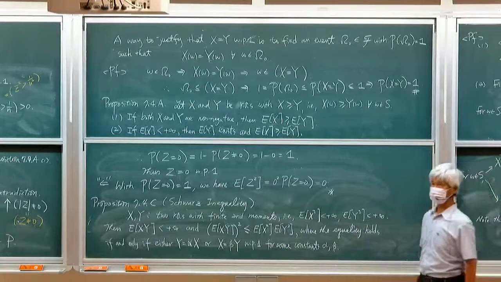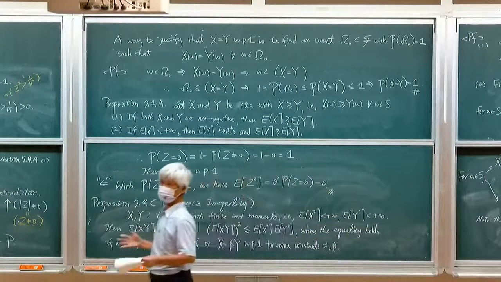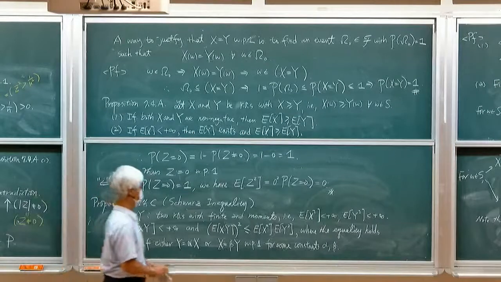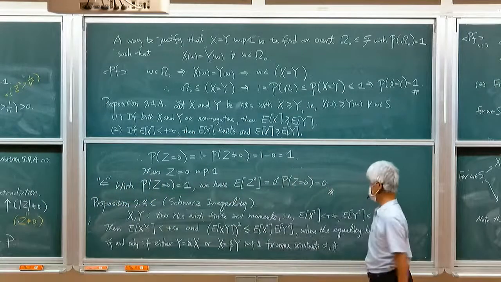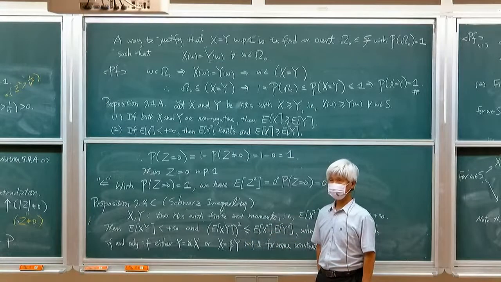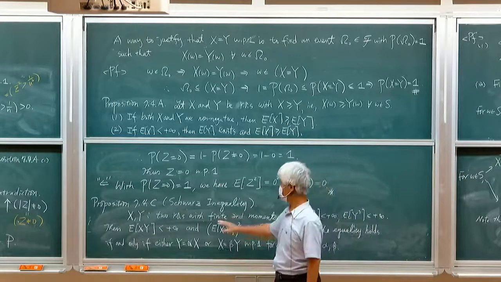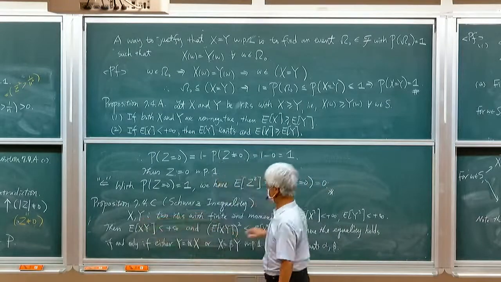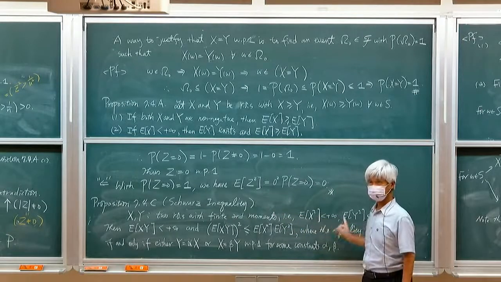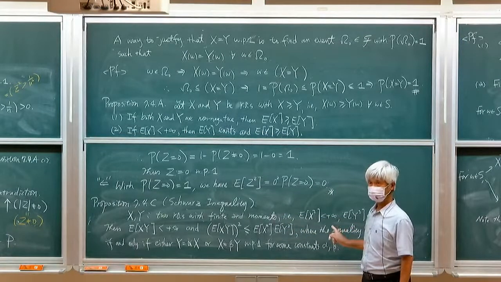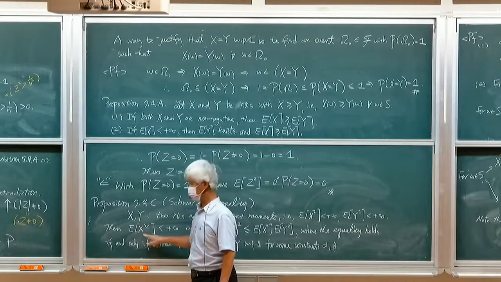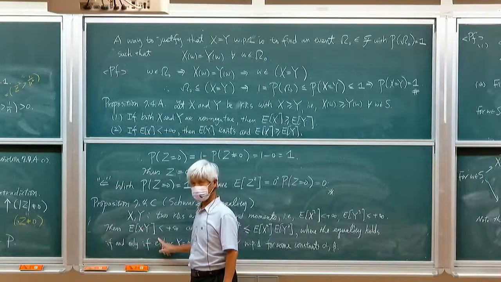Okay, so that is the full version of the Schwarz inequality, because it includes a necessary and sufficient condition for the equality to hold. It is very general: X and Y are two random variables with finite second moments, and in this case their product XY has finite expectation.